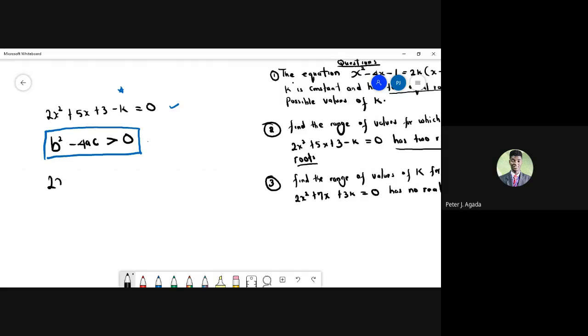So my quadratic equation once more is 2x squared plus 5x plus 3 minus k equals 0. Let's write the quadratic equation: ax squared plus bx plus c equals 0. I can make this my c because my k is in the c part of my equation.